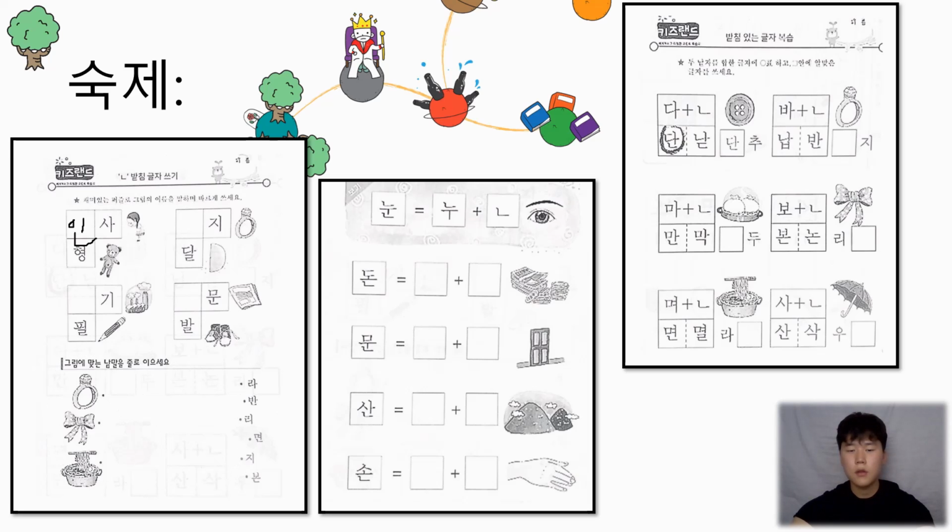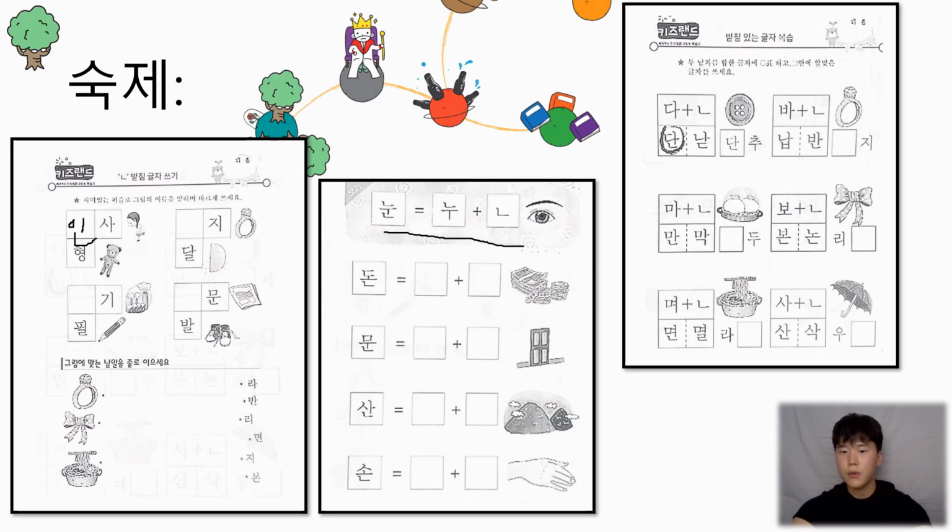And then for the second piece of paper, you will have to do exactly how it is shown above. So you have to divide the word. It's 눈, and that becomes 누 plus 니은, and in total that's 눈. So for the last piece of homework, you will have to circle the right choice.